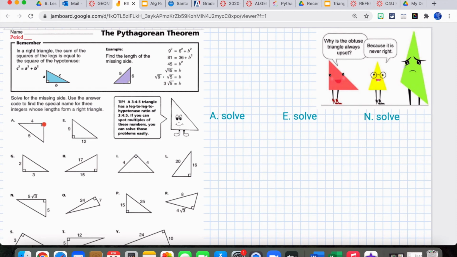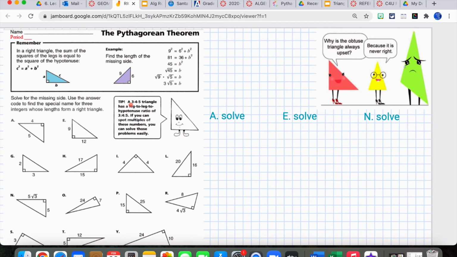All right. I think I already got the answer for the first one. Did you see it? Yes, part of the tip right here. This is the most basic right triangle, 3, 4, 5. And here on A, if you did not read the tip, you would have solved by substituting 5 for the letter C, 4, and then X for the missing side, and wasted all the time to do the work.